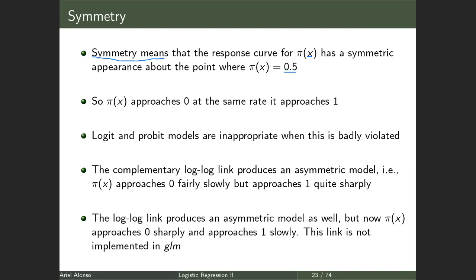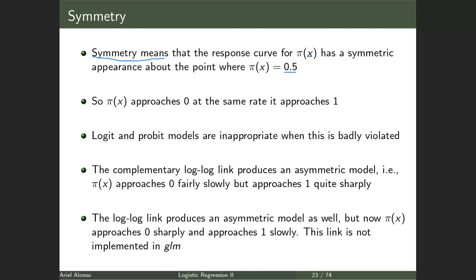And what do you mean by symmetric around 0.5? Well, the curve, the probability of the event, approaches 0 and 1 at the same rate. So you are assuming that you have this dose, and if dose goes to 0, the probability that you will have disease is zero, right? And if dose goes to infinity, you expect the probability of getting sick to go to 1.